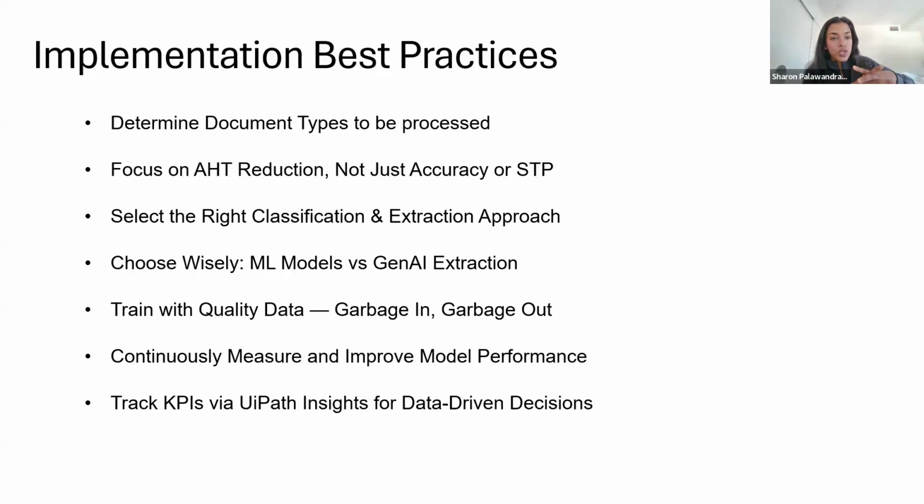What you can do is you can schedule the model to train automatically. I think it's called machine learning trainer in Studio, where you say you have an ML skill or a machine learning model that's already in production and it's extracting all of those documents.